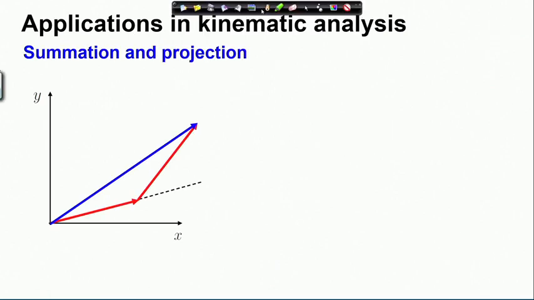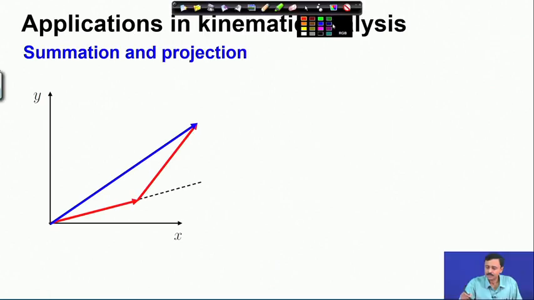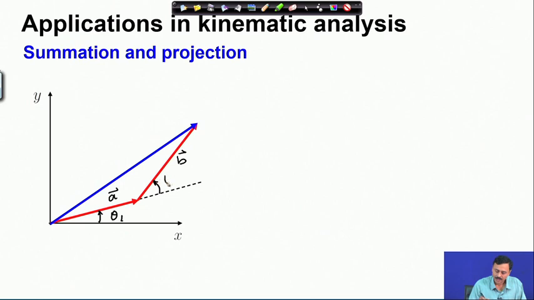Now, let us look at summation of vectors. Sometimes in applications you will have situations like this, where this is one vector, let us call it A, and here is another vector, let us call it B, and the angles are specified in this form.